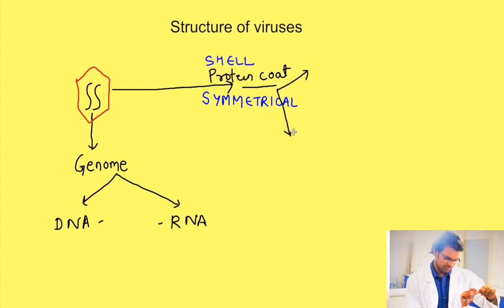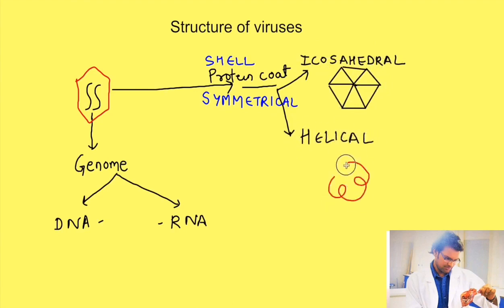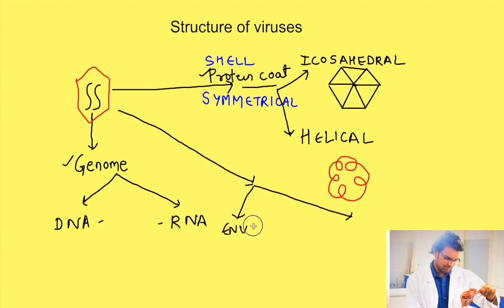The symmetry may be either icosahedral, that is, having 20 triangular faces, or helical. So all viruses have a genome and a protein coat. Some viruses may be enveloped, while some have only the protein coat; these are known as naked viruses.